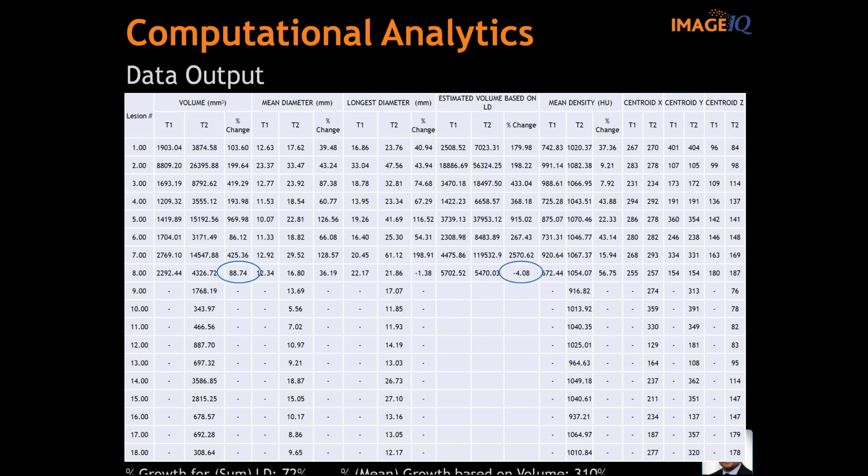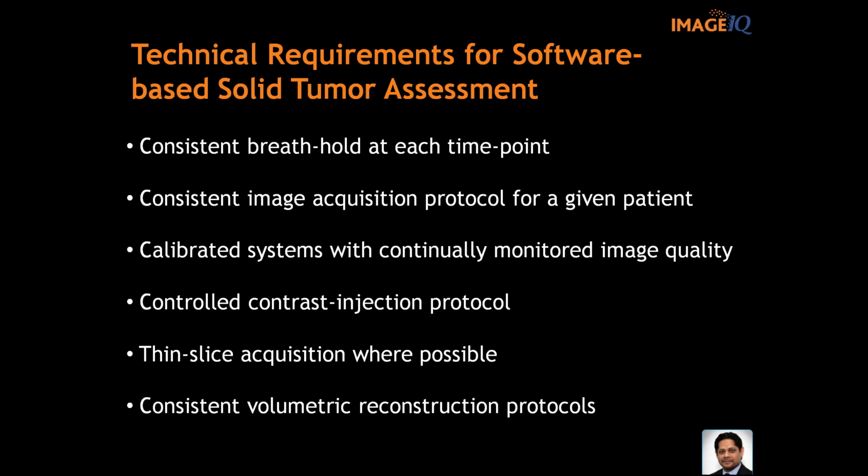Have a controlled contrast injection protocol. There are some sites that just use the standard of care, which is injecting contrast, in whatever amount, at any time and then pressing the button on the CT scanner. And that can lead to perfusion that's underserved. It doesn't necessarily perfuse well enough through the entire lung for you to see a good scan. Try to do thin slice acquisition, so the highest resolution that you can.